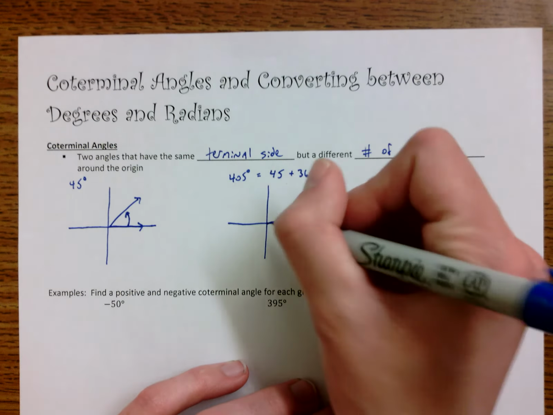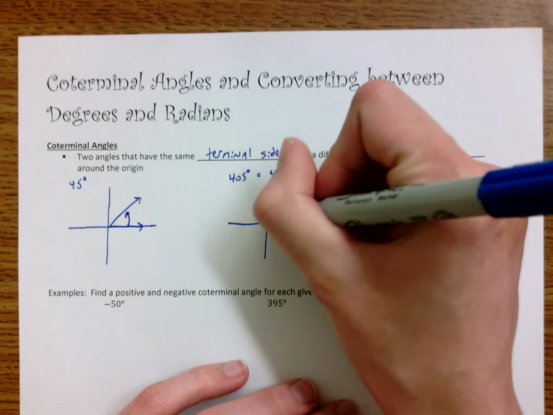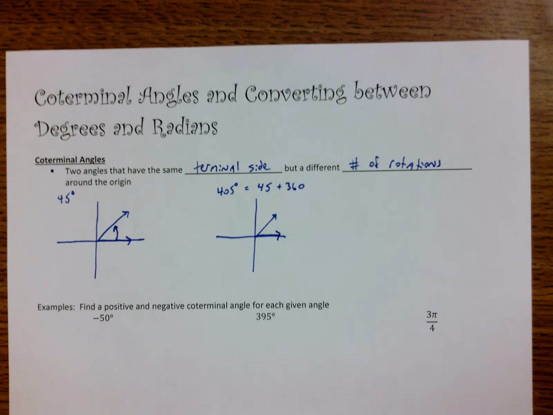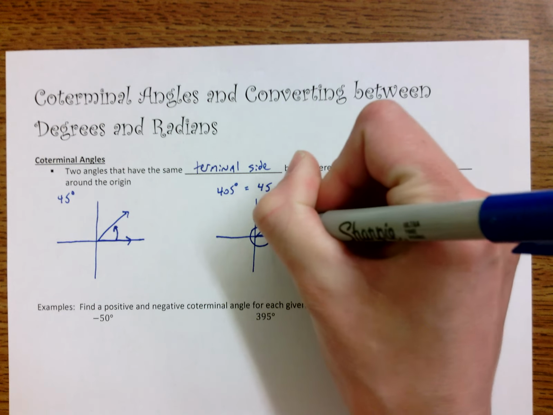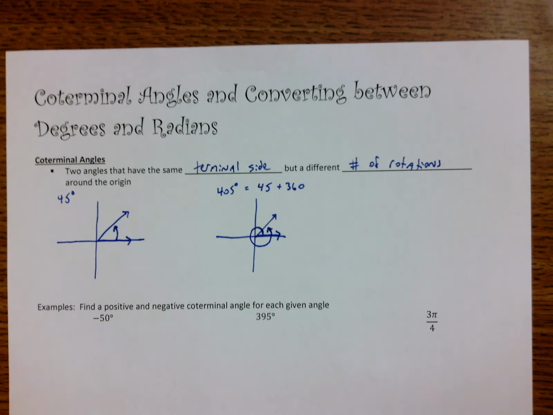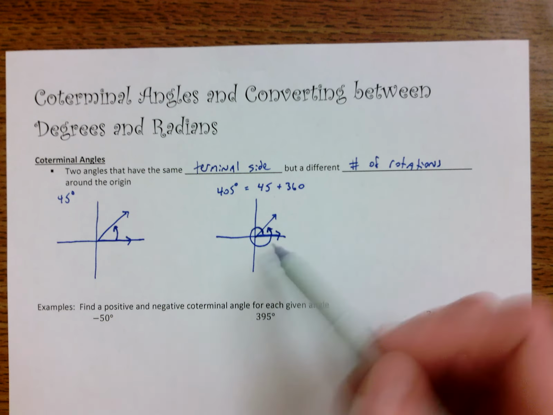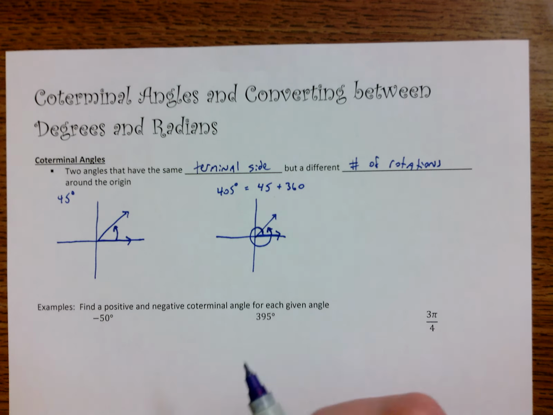Well, my terminal side would be a full 360 degrees plus that extra 45. And the only difference is that when I do my arrow, I just make my arrow go an extra rotation around the origin. So you can see that these two angles look the same. The terminal sides are in the same spot, but the difference is how many times you've spun around.